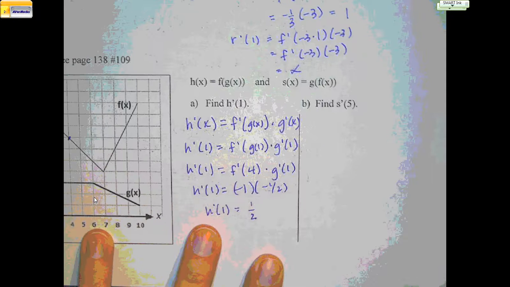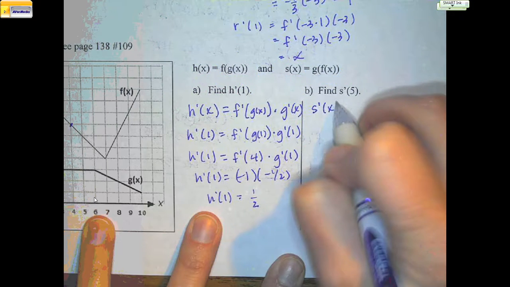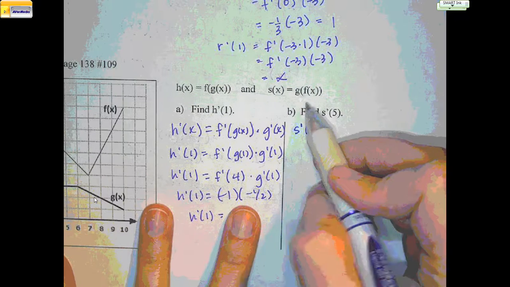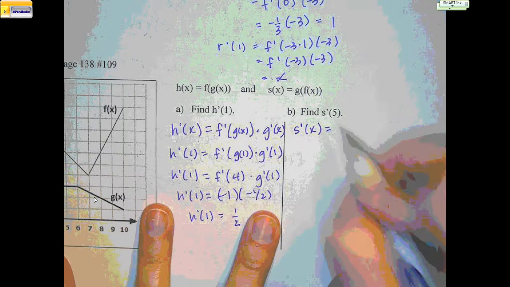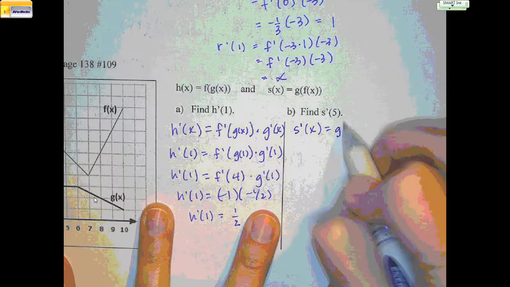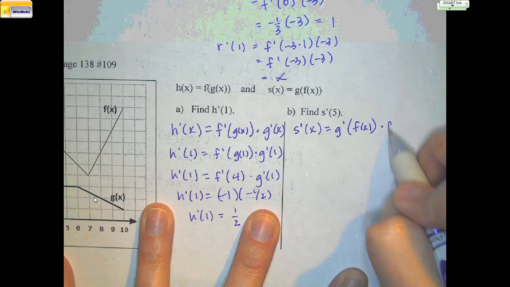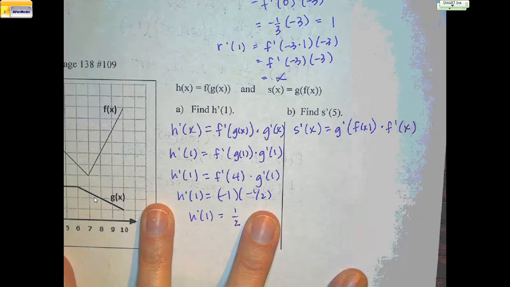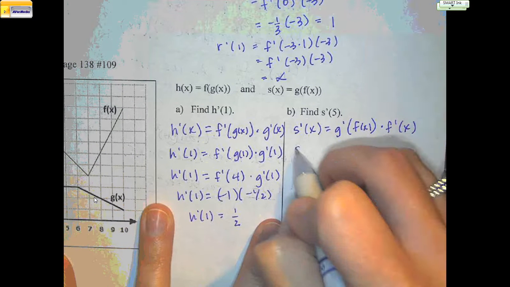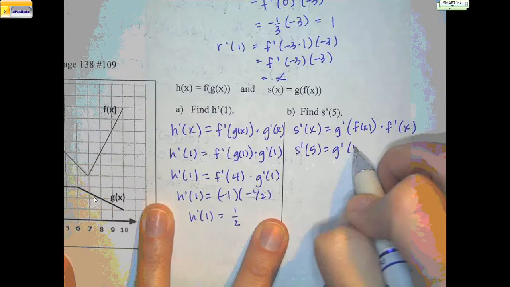All right, let's try the next one. We're supposed to find s at 5. Let's define the derivative for s at x. They say that s at x is g of f of x. You have a function and a function again. So to find the derivative, we take the derivative of the outer function times the derivative of the inner function. They want to know what that derivative is when s is 5. So everywhere I see an x, I put a 5.